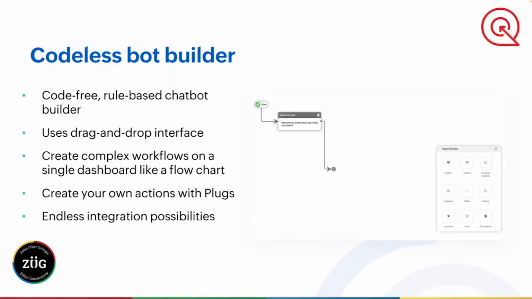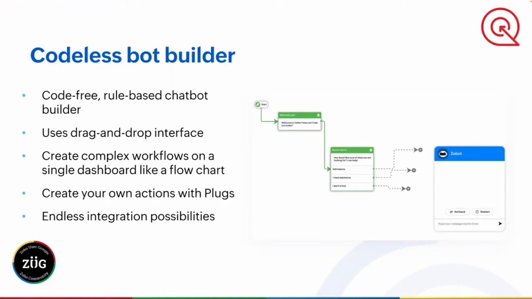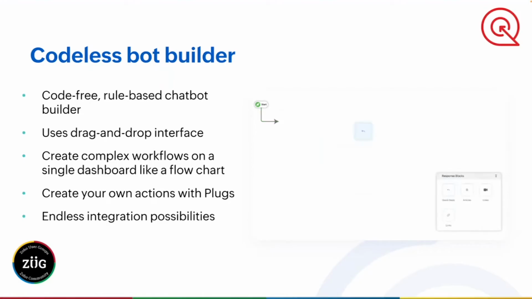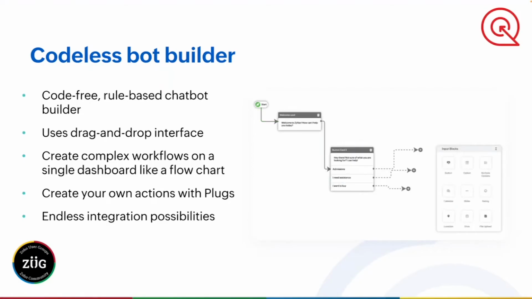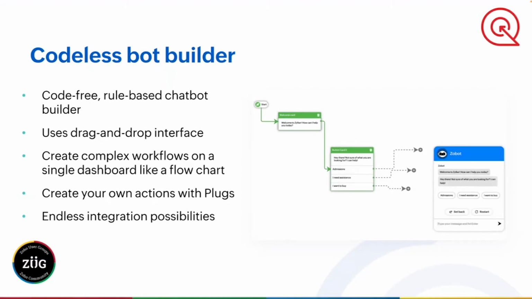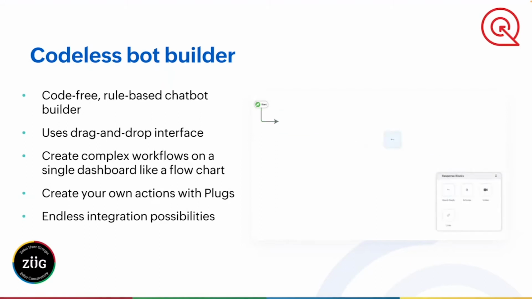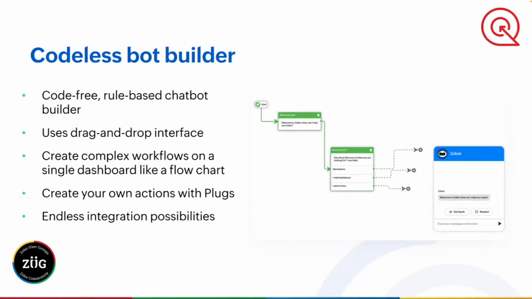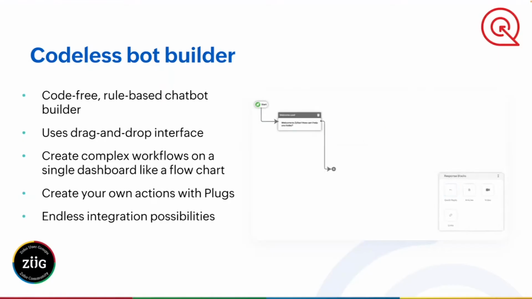Or if you're clear with the flow of how you want the chatbot, you can just create it like drawing a flow chart. With this builder, we have really made it easier for you to build bots. I would recommend you to hop on it and play with it, and you'll be able to get the hang of it. So this is what the Codeless Bot Builder looks like, and this is how you can build bots.